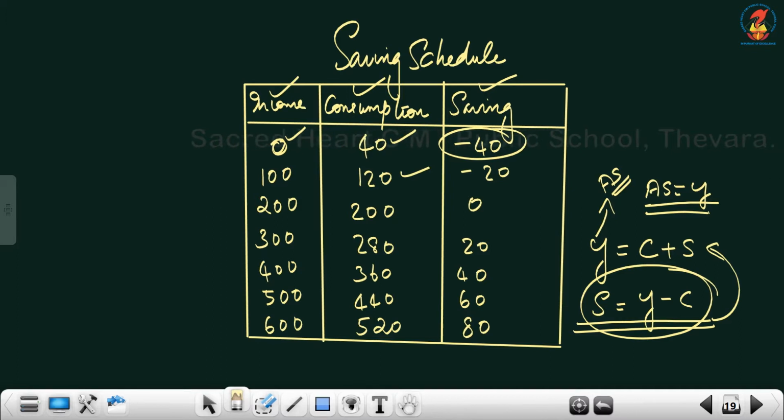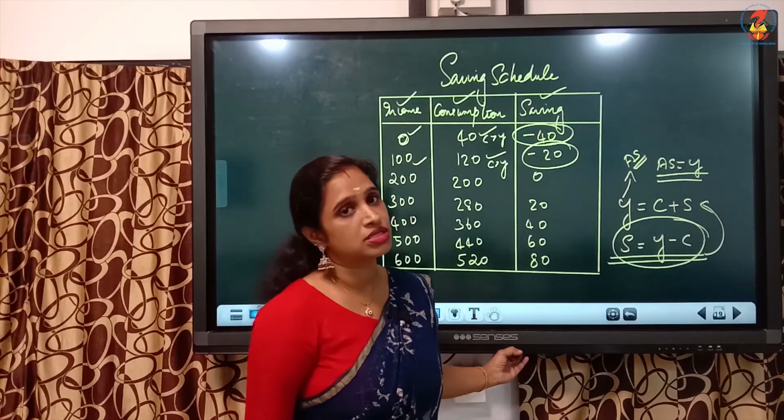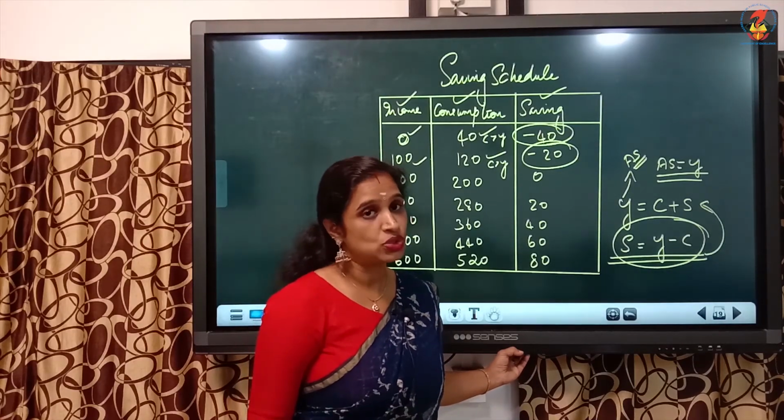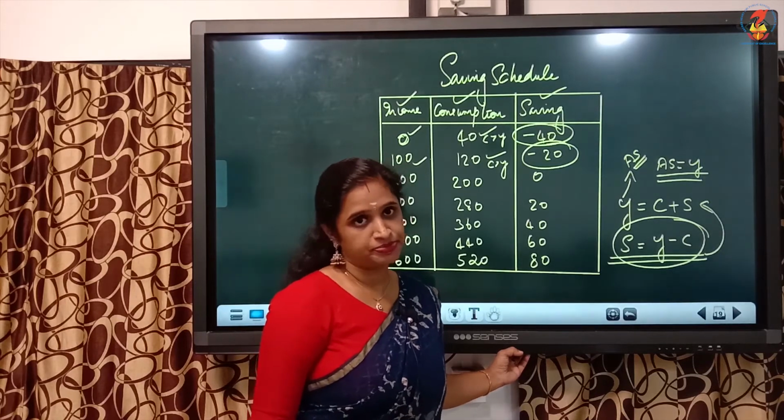Consumption is 120 and income level is 100. 120 minus 100 is equal to minus 20. So here in both these situations we can find C is greater than Y. As C is greater than Y, people use it from the past saving. Therefore minus 20 is the next saving level. That is also a dis-saving.